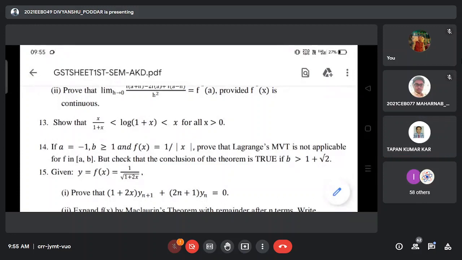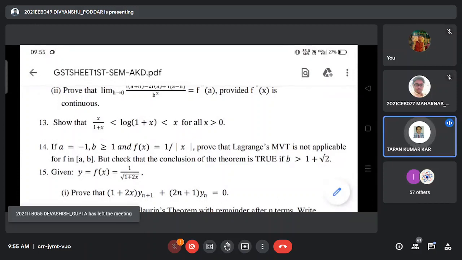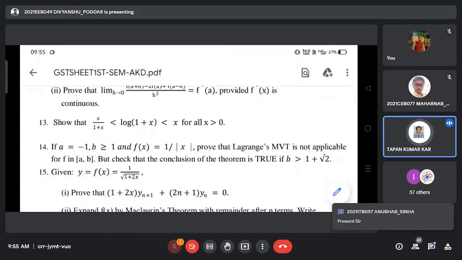Yes, sir, but in the second statement, check that the conclusion of the theorem is true if b greater than 1 plus root 2. So what is the statement of the theorem? Fb minus fa by b minus a equal to f dash c.